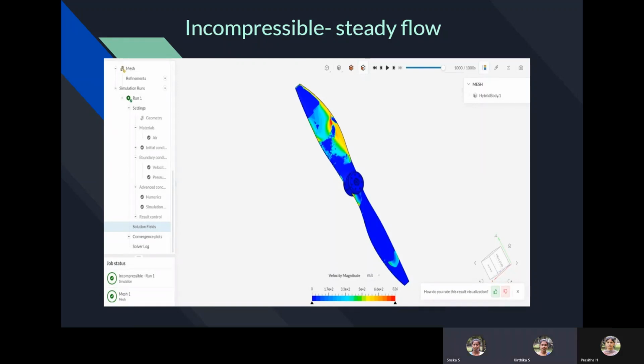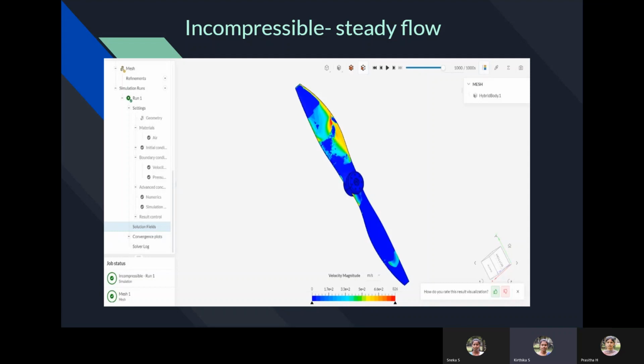As explained in the last slide, the analysis we have used is incompressible steady flow. In this incompressible steady flow, the material we have used is air to flow upon the propeller. And the boundary conditions are the velocity inlet, which is about 628 meters per second, which will flow over our propeller design, by adding the free stream velocity to find the efficiency, and the pressure outlet as 0, which is actually a gauge pressure equal to atmospheric pressure, so there is no restriction for its flow.